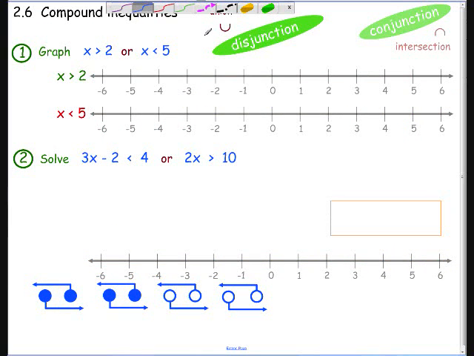So let's try graphing this. X greater than 2 or less than 5. Okay, greater than, and not including would be this one. Greater than 2. Or x is less than 5. This is an or.